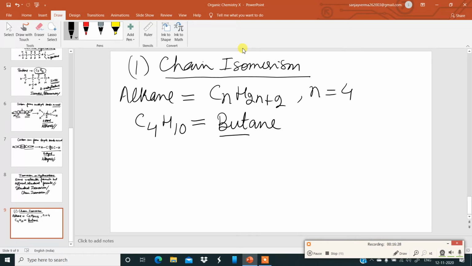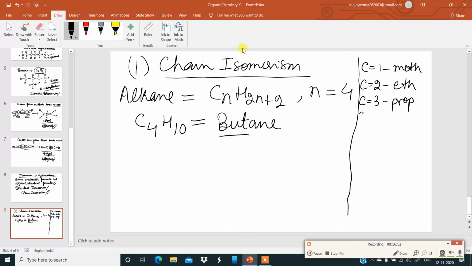Okay, now quickly I want to mention the word roots. Organic compounds having one carbon atom, the word root is meth. Having 2 carbon atoms, the word root is eth. Having 3 carbon atoms, prop.